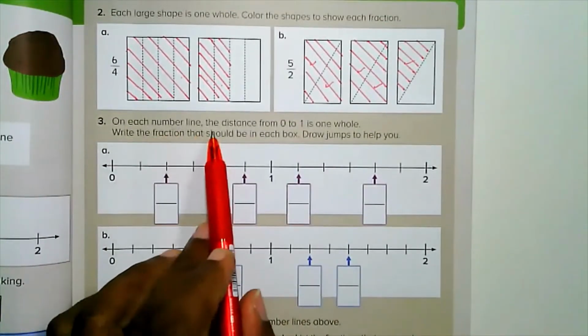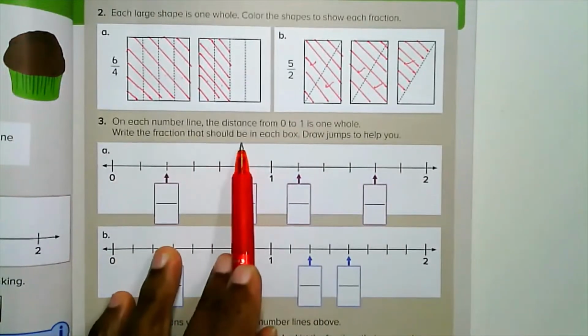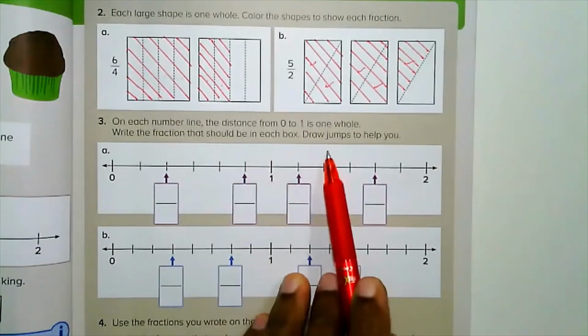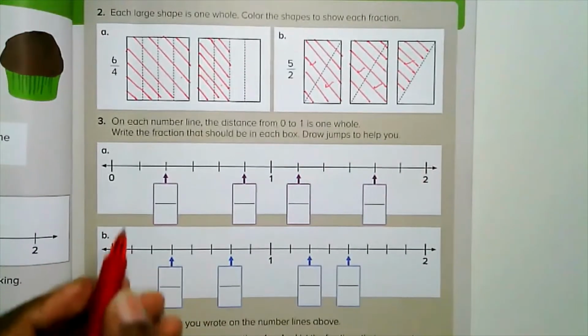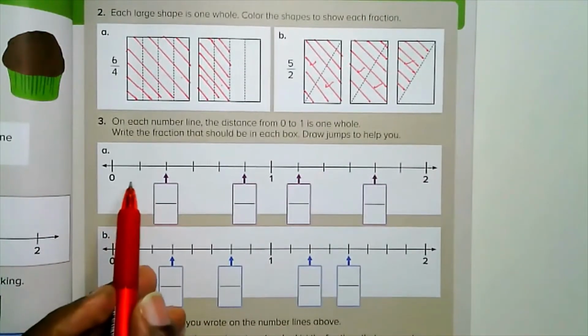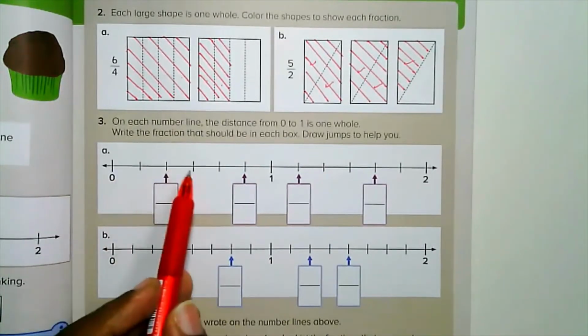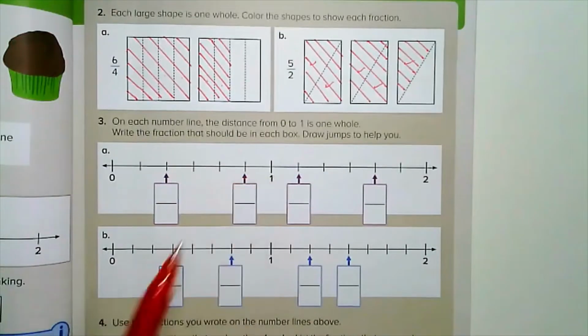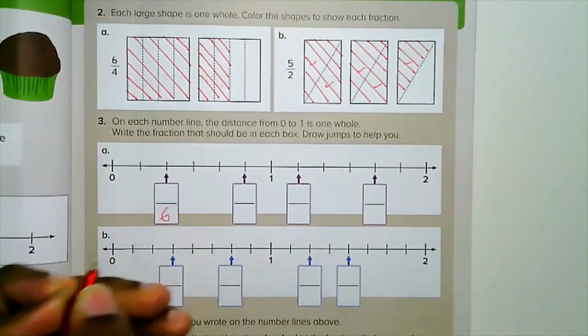on each number line, the distance from 0 to 1 is 1 whole. Write the fraction that should be in each box. Draw jumps to help you. So this is split into 1, 2, 3, 4, 5, 6. So we know it's split into 6. Write the denominator.